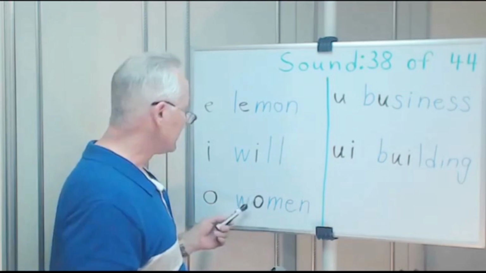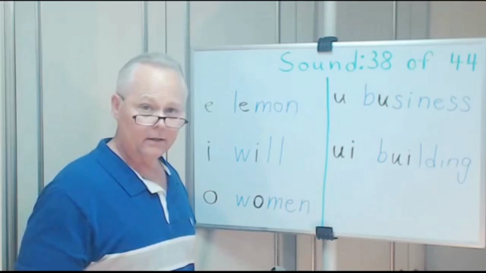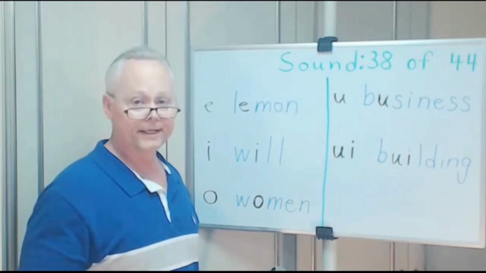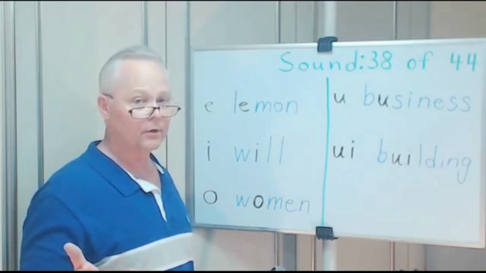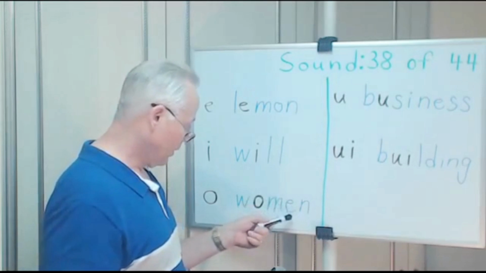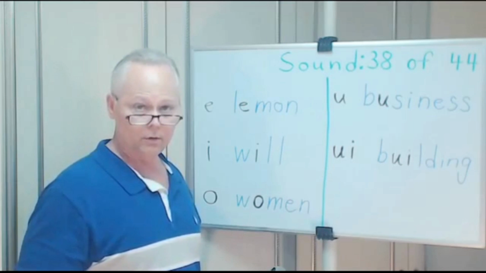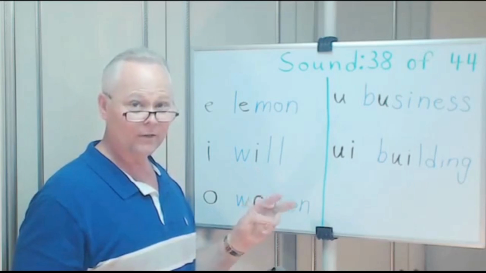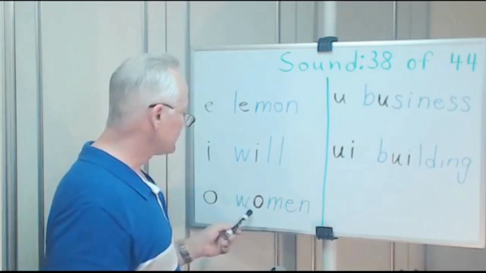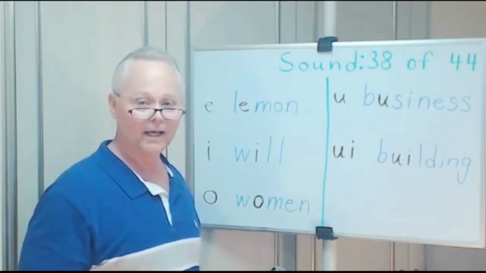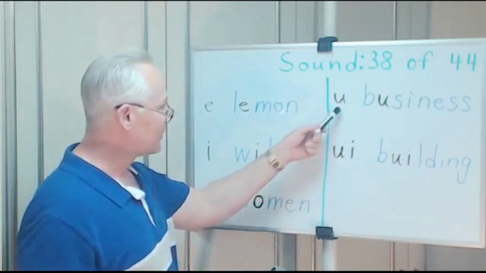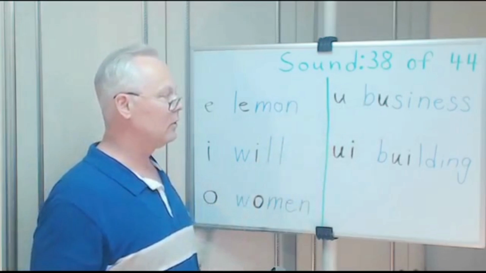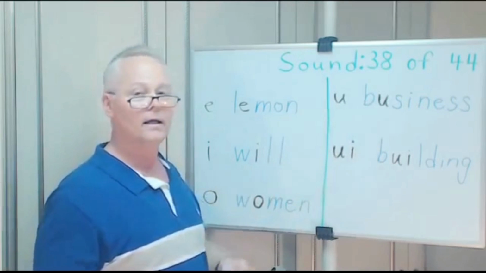Women. W-O-M-A-N is woman. Many people don't realize it changes when we go to the plural for more than one woman. We have 2 women, 3 women. This sound becomes we.